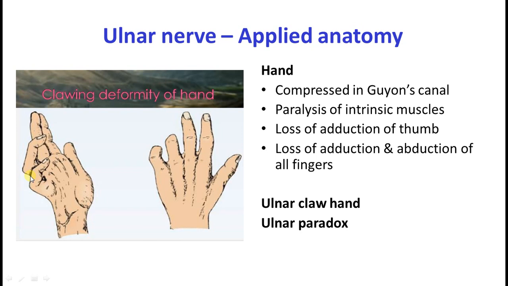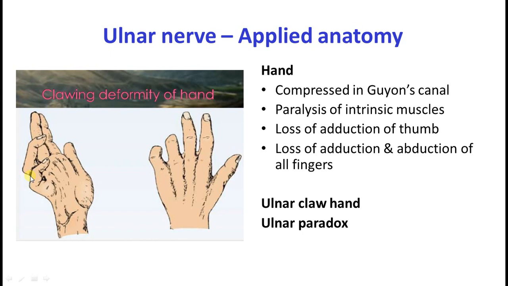Ulnar paradox also: the higher the lesion to the ulnar nerve, the less pronounced will be the claw hand. Because as you go higher, the flexor carpi ulnaris and the flexor digitorum profundus to some extent are affected, they are not spared.